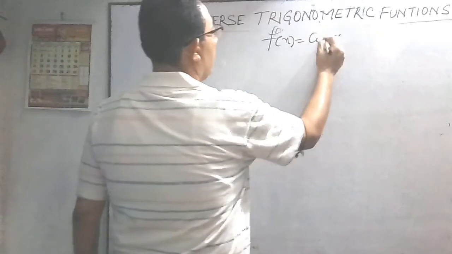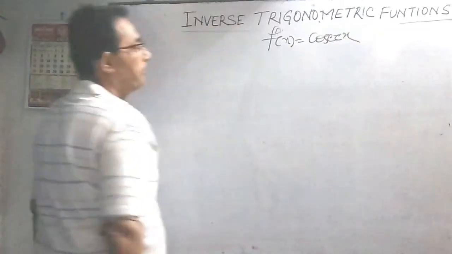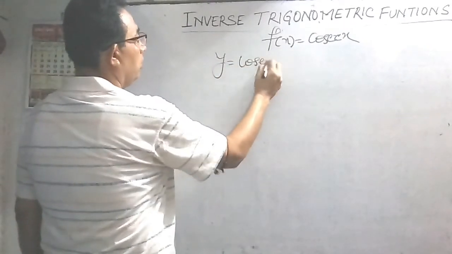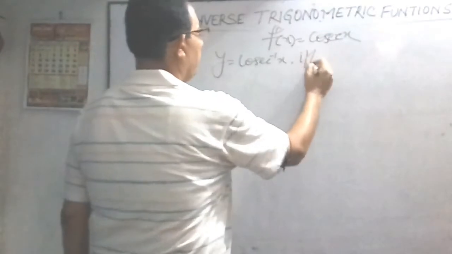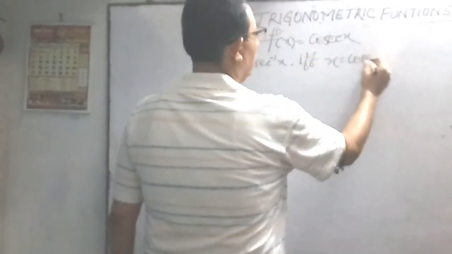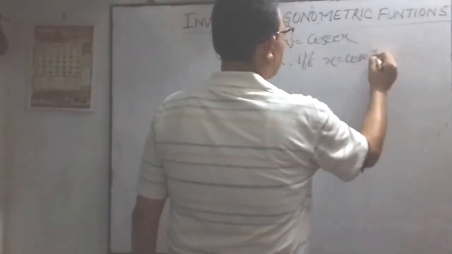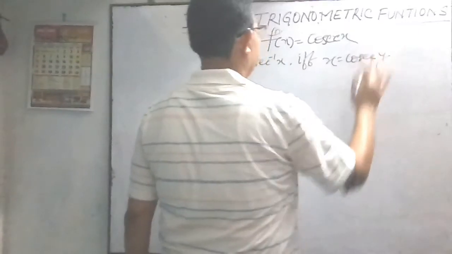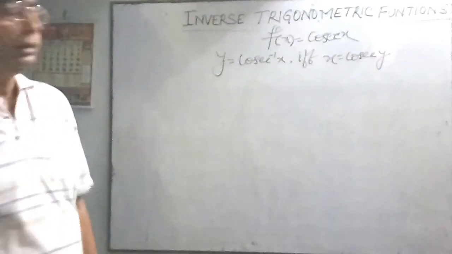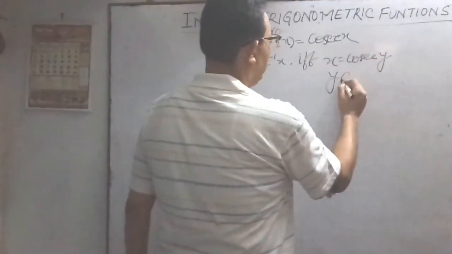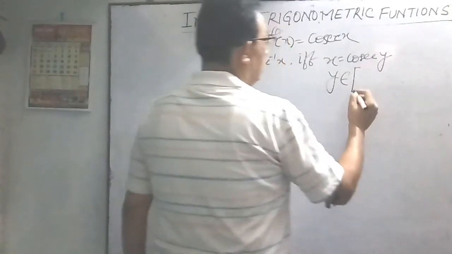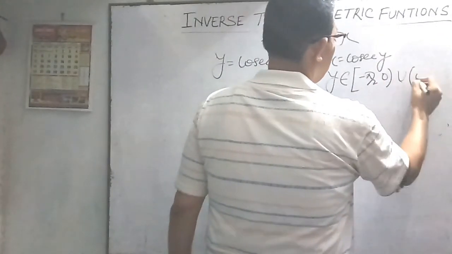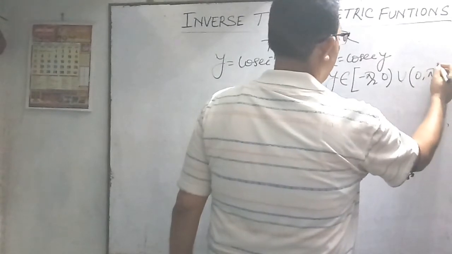f(x) equal to cosec x. y equal to cosec inverse x if x equal to cosec y, where y belongs to minus pi by 2 to 0 union 0 to pi by 2.